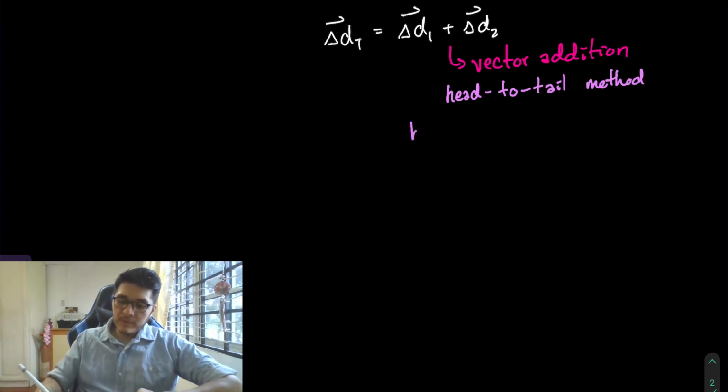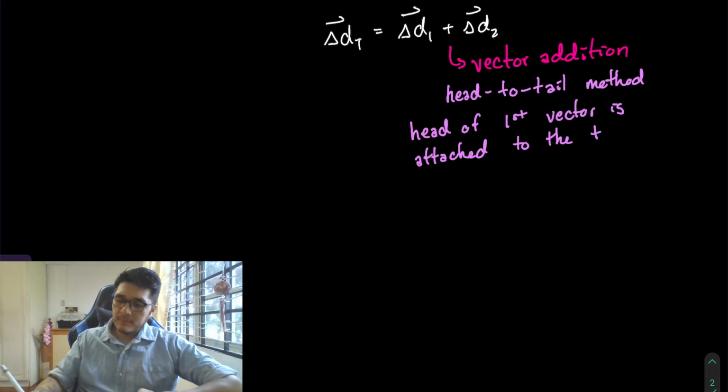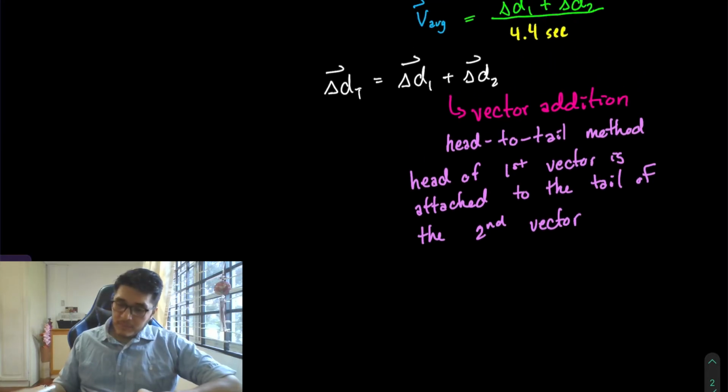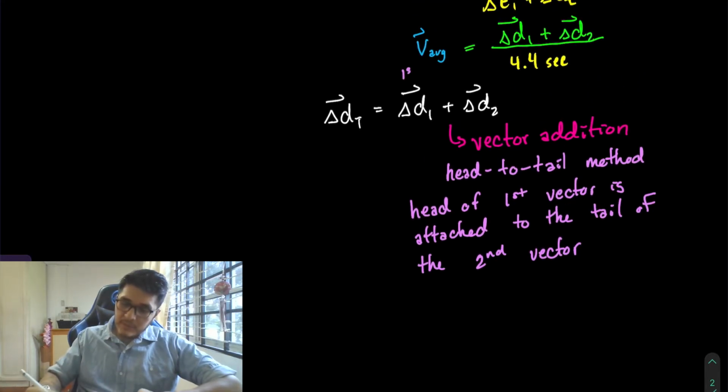The head of the first vector is attached to the tail of the second vector. Now for vector addition, it doesn't matter which one you take to be the first vector or the second vector. It can work either way, and it's going to give you the same result. But for simplicity, let's keep in mind that this is going to be the first vector, delta d1, and our second vector is delta d2.